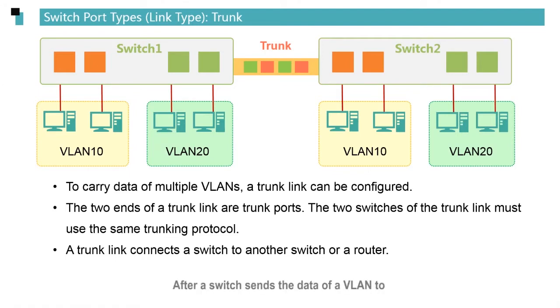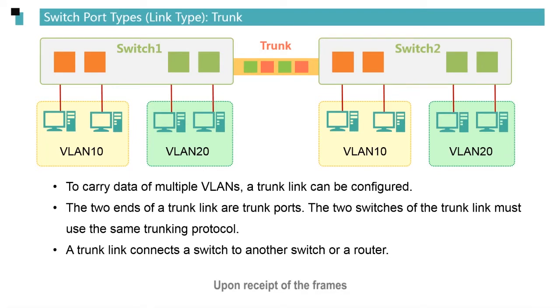After a switch sends the data of a VLAN to the other switch along the link, the other switch must determine a correct VLAN before forwarding the data. To ensure that the peer switch identifies the VLAN of each data packet, the local switch tags data frames before forwarding them to the remote switch.